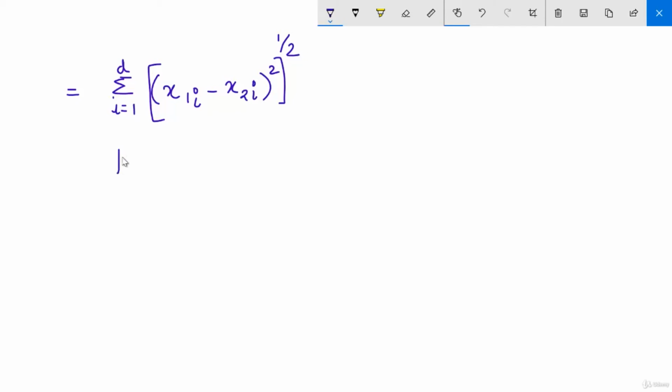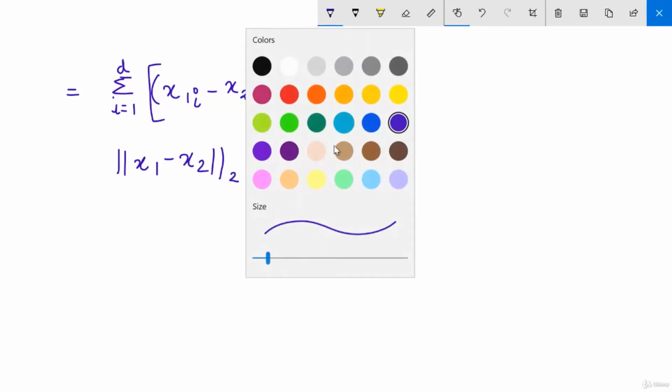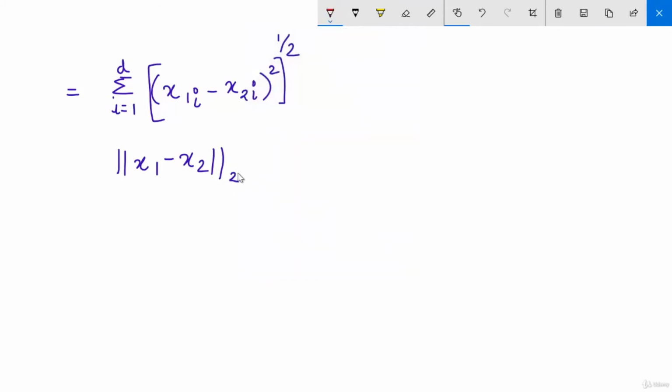So x1 minus x2, with a 2. Make a note of why I'm saying 2 here: this is known as the L2 norm. We will be studying this in depth later on, and I will be using L2 norms, L1 norms and many other norms a lot.